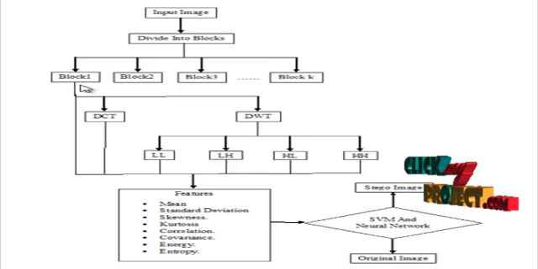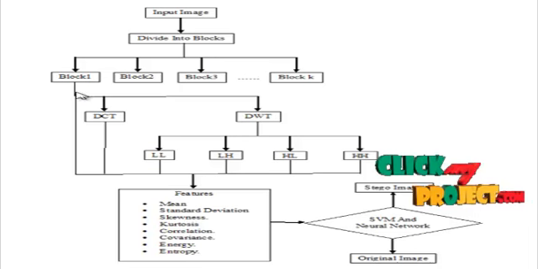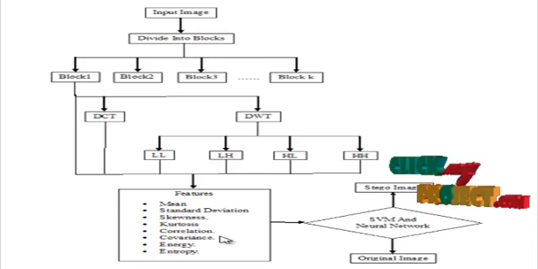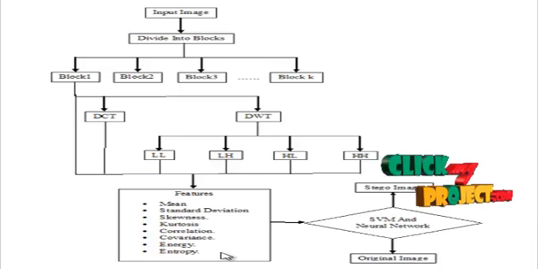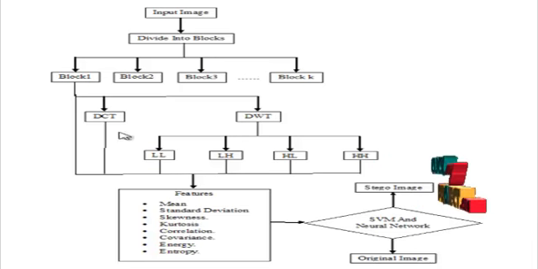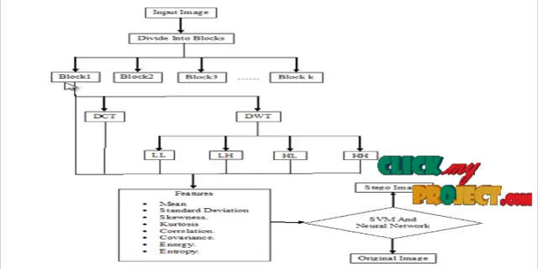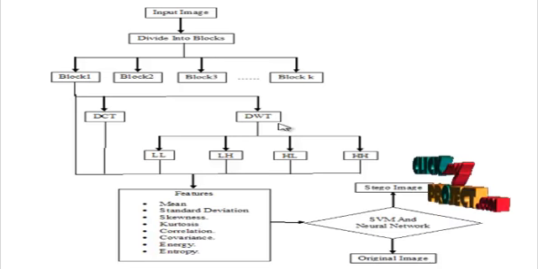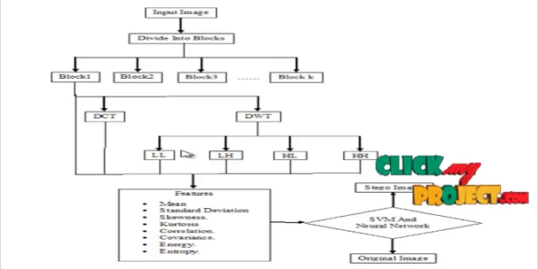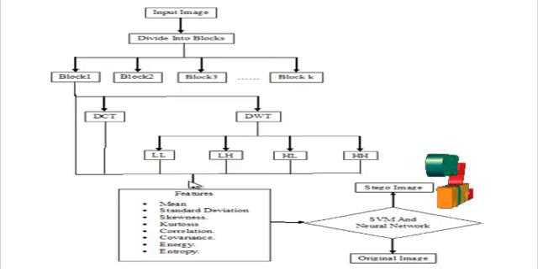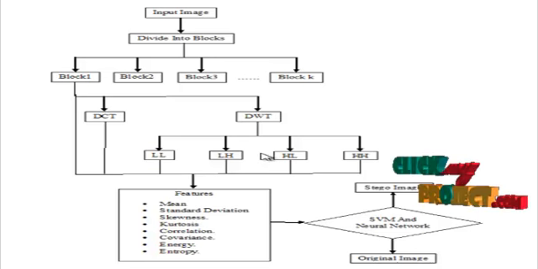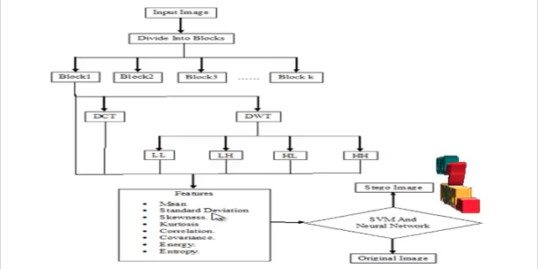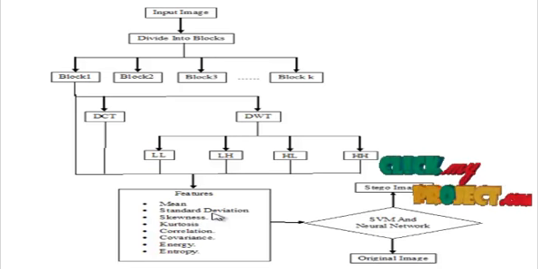From the split blocks, mean, standard deviation, skewness, kurtosis, correlation, covariance, energy and entropy were all measured. Similarly, for the DCT coefficients of the block, the parameters were calculated, and also for the DWT coefficients. The calculated values were used as the feature values for the classification processes.